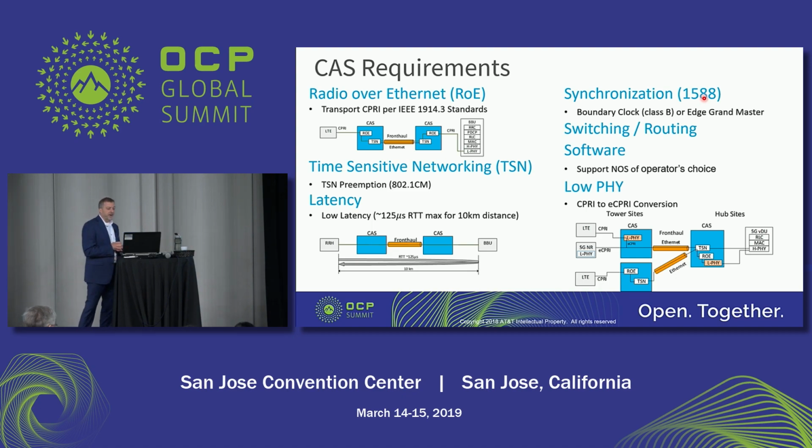So what lo-fi does is, if you look at a legacy BBU and you take the lowest layer, the PHY layer, and you split that in half, and then take that lowest layer of the PHY and move it out to the tower. Very similar to what 5G radios have done today. So a 5G radio has already split that PHY layer and is inclusive of the lo-fi.